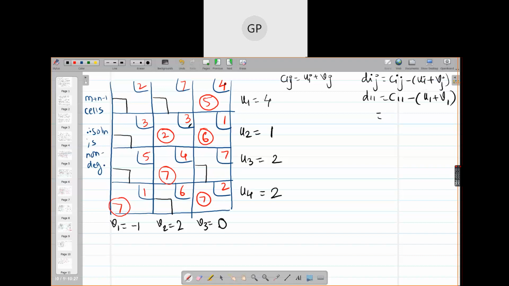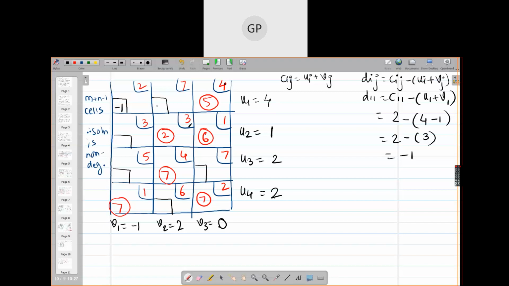C11 is 2 minus 3, that is minus 1. Please be careful while calculating this. If your Uis and Vjs are wrong, your Dijs will go wrong.